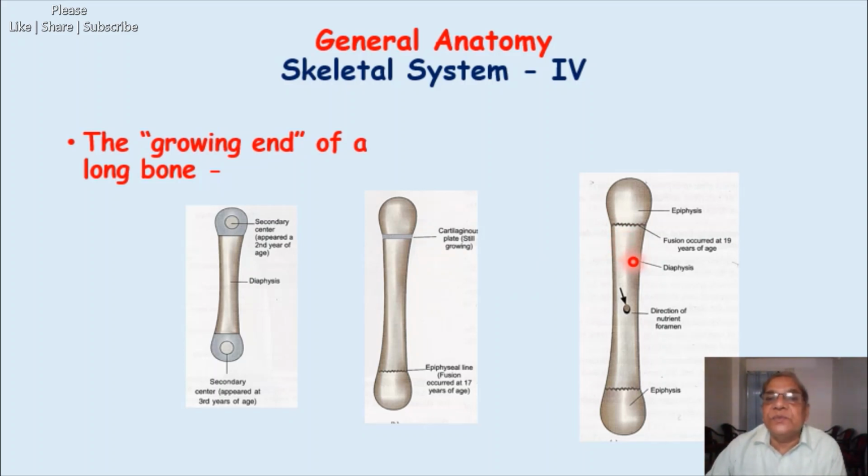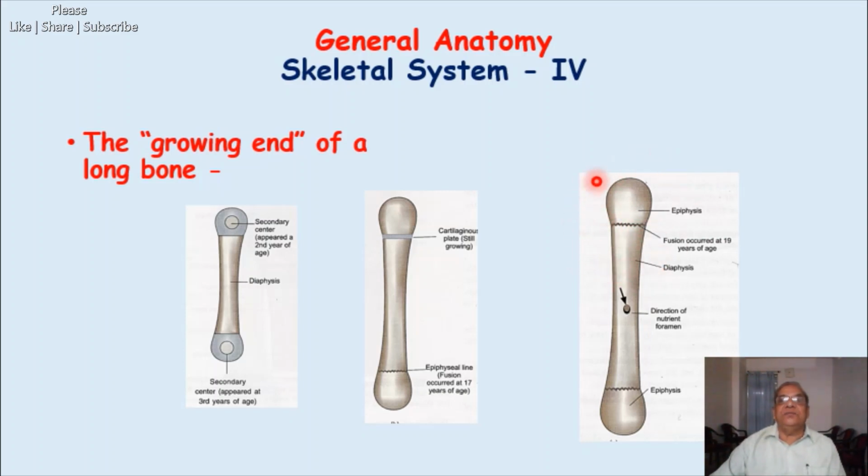Now this center will also fuse. Say for example, it has fused at the age of 19 years. So this center, which appeared in the second year of age, has fused at 19 years, which is later than the 17 years. So the rule was that the center which appears first for the ends, by the secondary centers, also fuses last.